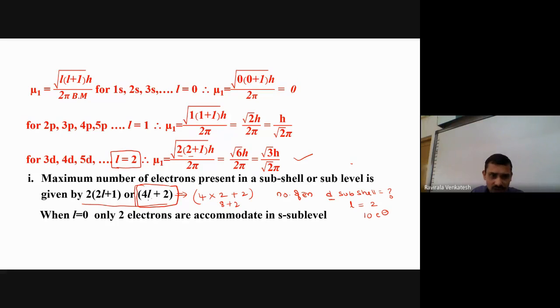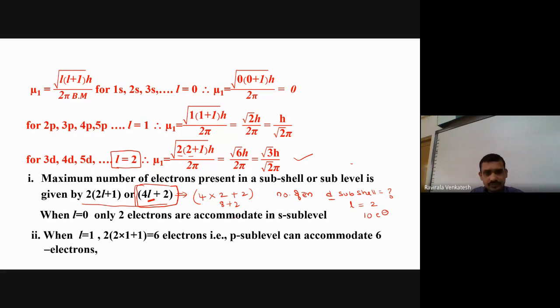L is equal to 0, L is equal to 1, L is equal to 2, L is equal to 3, like that. So in the s orbital we get 2. L is equal to 1, which orbital will it be? P orbital. After substituting in the formula, we get 6 electrons.